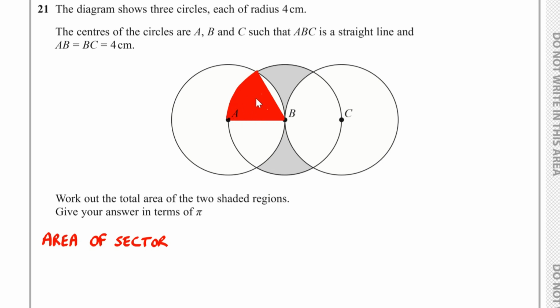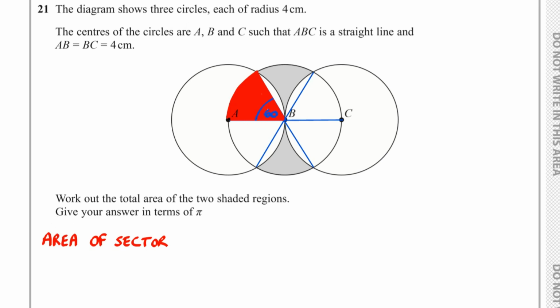First of all, we can find out the area of this sector here. Now, the key in this question is to realize what we have are 6 equilateral triangles. And so therefore, this angle here is 60 degrees.